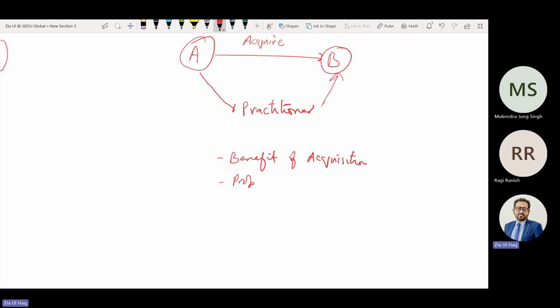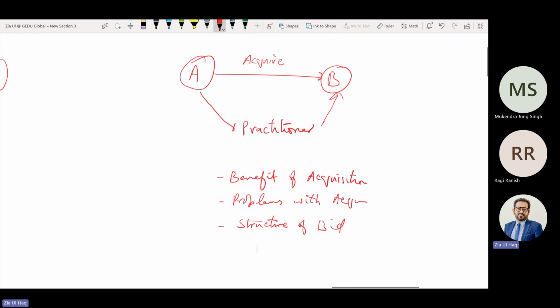The problems with acquisition, meaning the negatives of company B, we will provide. And we will provide a structure of the bid, whether you should acquire company B or not. If you want to acquire, how much money you should spend, whether you should acquire in cash only, cash plus a share option, or what other settlement you can go for.